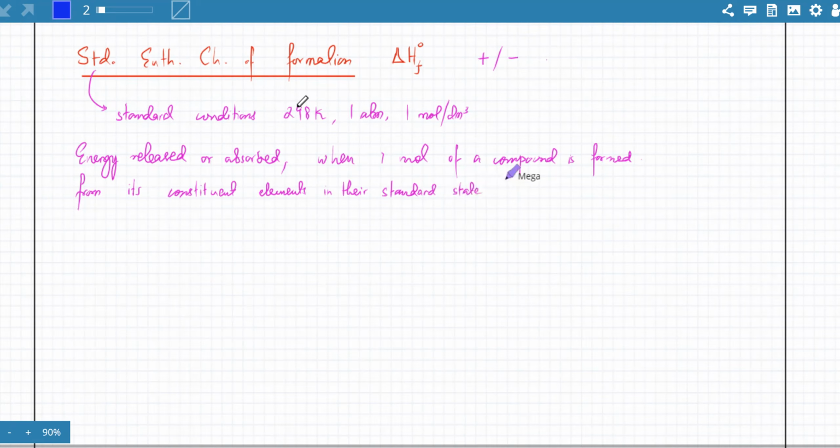And it's measured under standard conditions. This last statement would always be there. Constituent meaning whatever it's made up of.